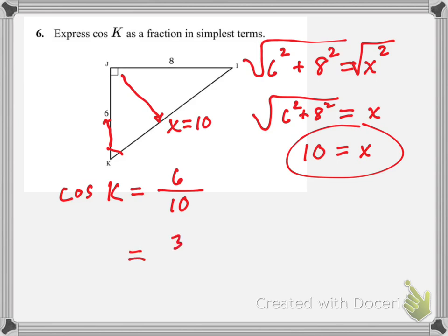And 6 over 10 reduces to 3/5. Okay? So the first 3 problems, you didn't have to do anything. Just identify opposite, adjacent, hypotenuse, whatever you need to, reduce to lowest terms. The last 3 problems, you needed to do the Pythagorean theorem to find one of the missing parts of the fraction. So just pay attention to that as you do these.